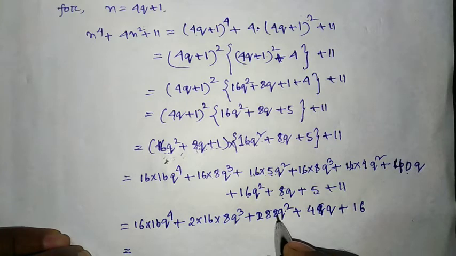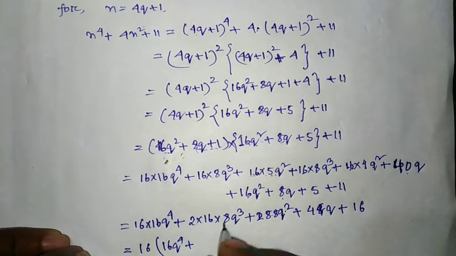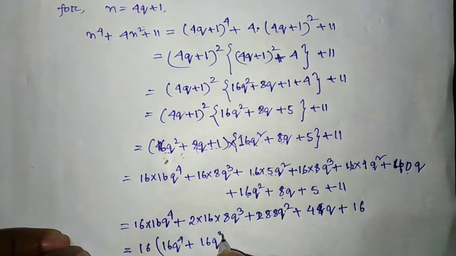If we add this, we get 288q^2. First of all write 288q^2, then 8q and 40q, that means 48q, and plus 5 plus 11, 16.